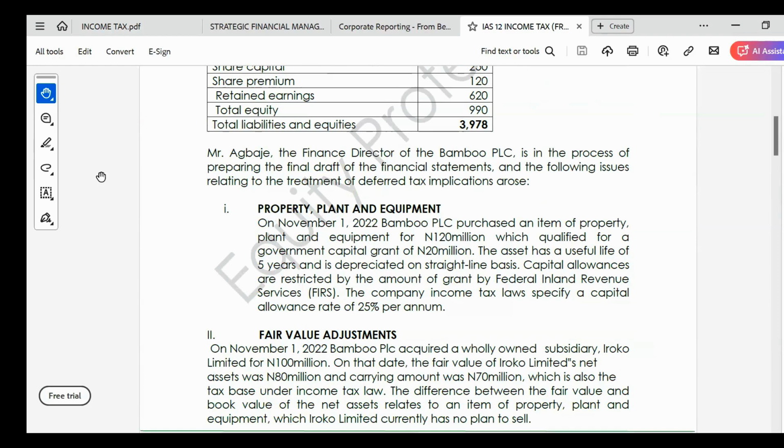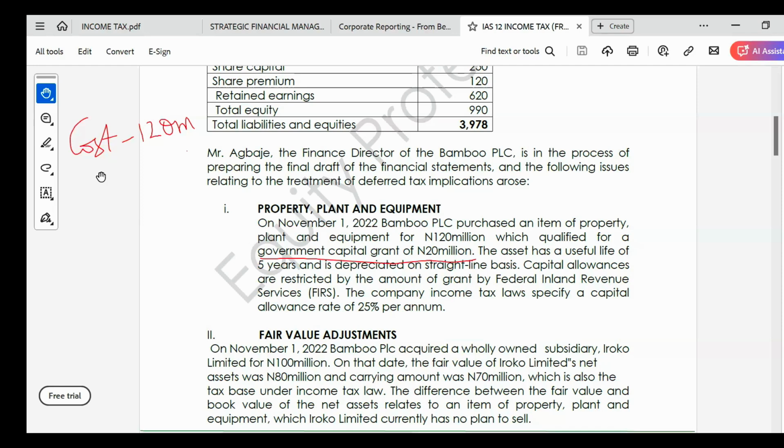We have been told that the cost of these assets is how much? 120 million. However, it qualified for government capital grants. One of the conditions to recognize grants is that you must be sure you have qualified or you will qualify for the conditions to receive the grant.